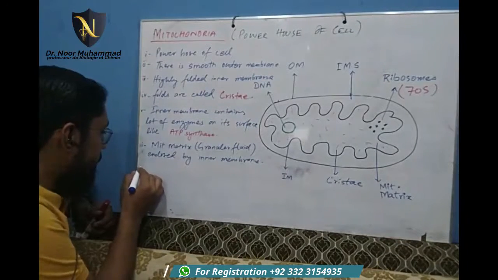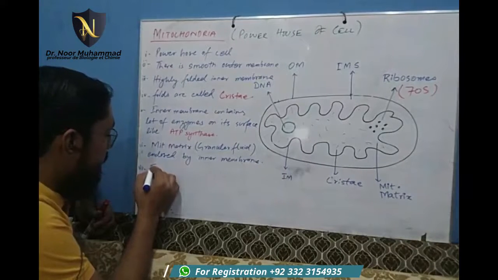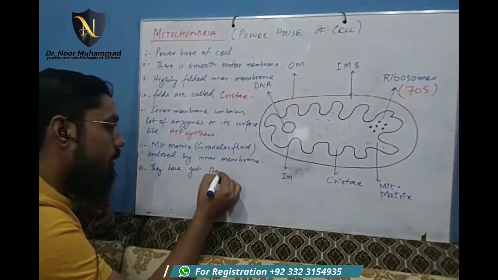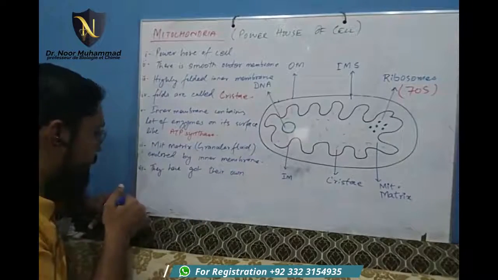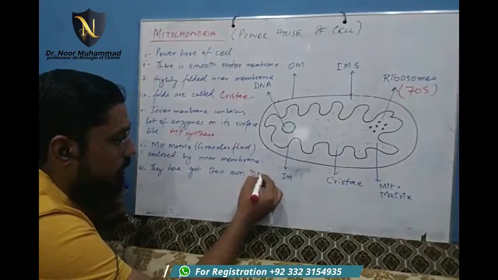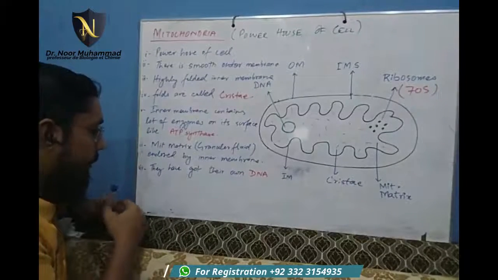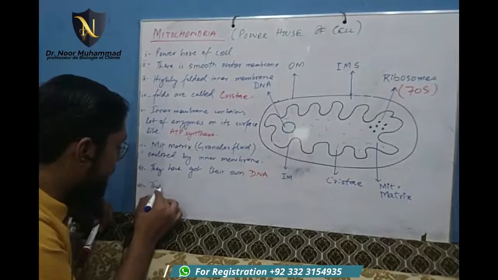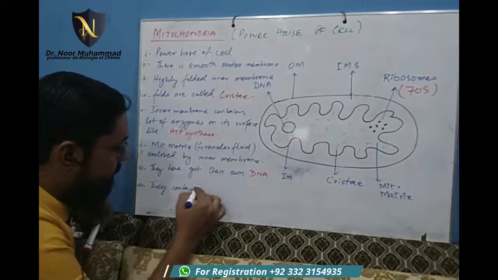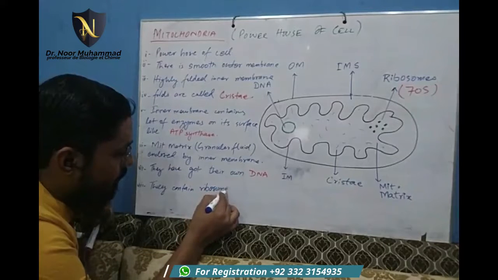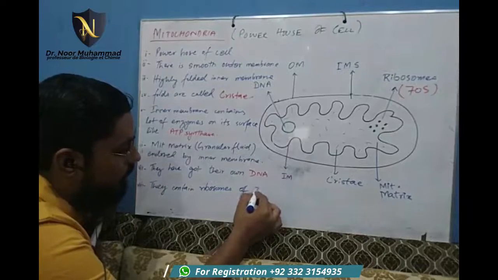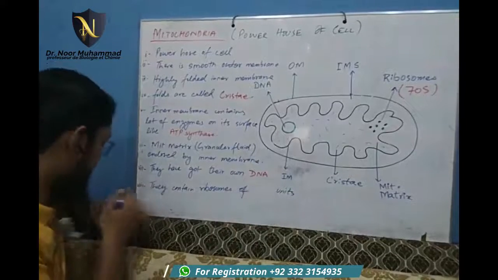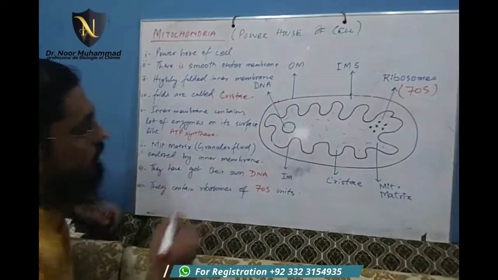Then we know that they have got their own DNA, a circular molecule of DNA, and the next point, they contain ribosomes of 70S units. There's a lot more to talk about, but I am writing in a confined way.